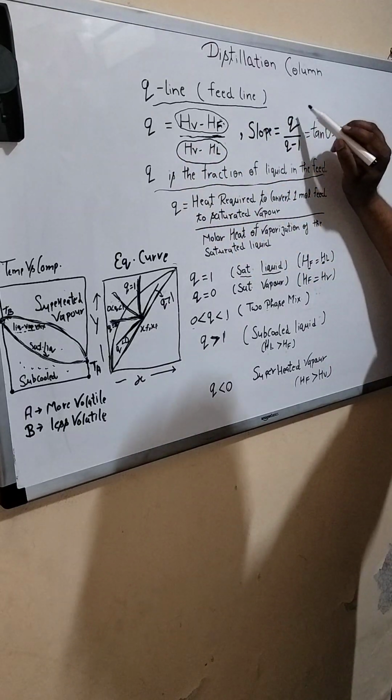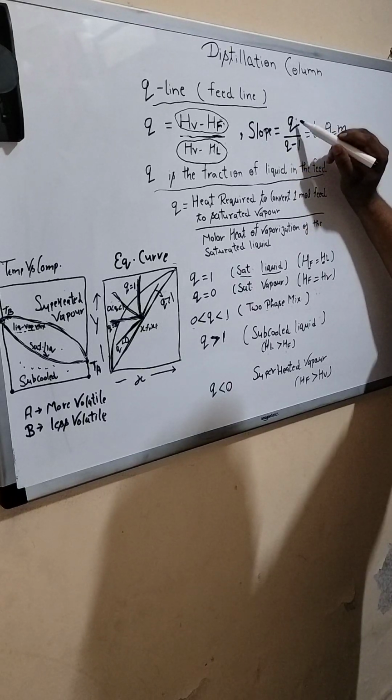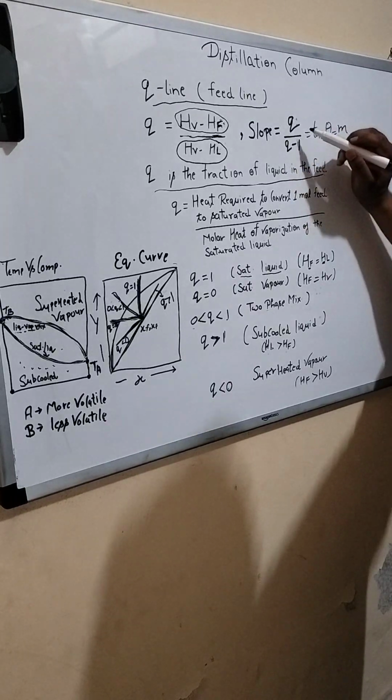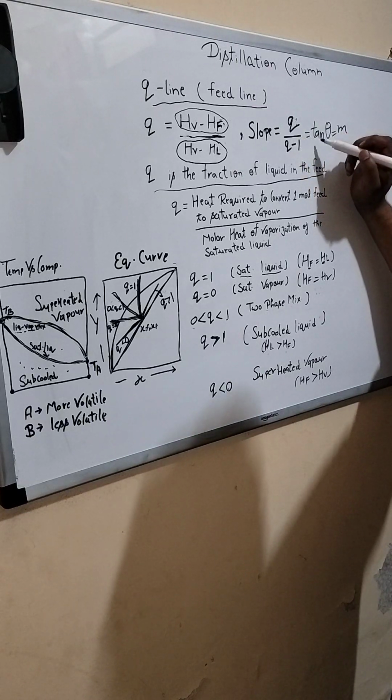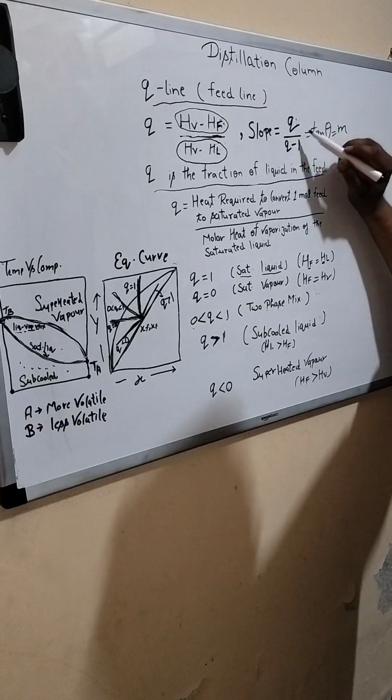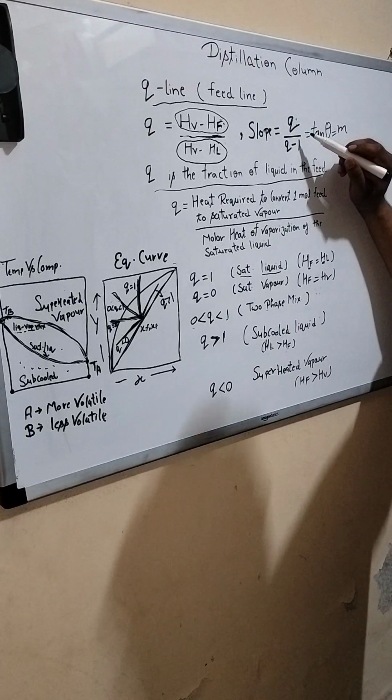Then the slope is 1 divided by (1 minus 1), that is 1 divided by 0, which is equal to infinity. When tan theta is equal to infinity, it means theta is equal to 90 degrees.